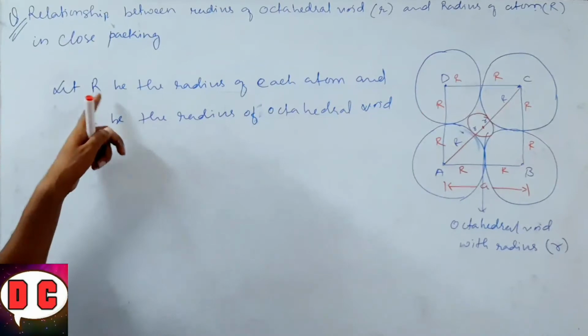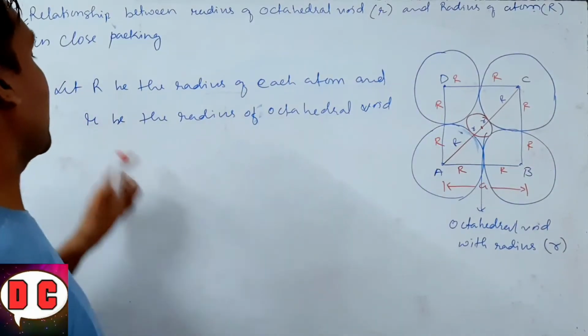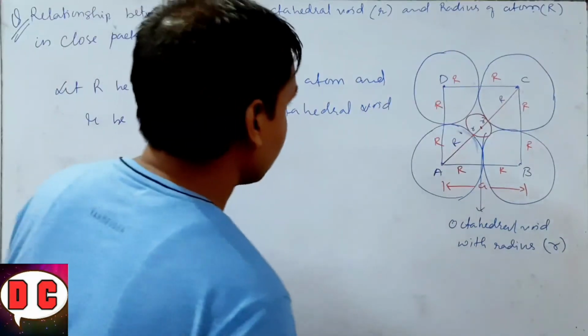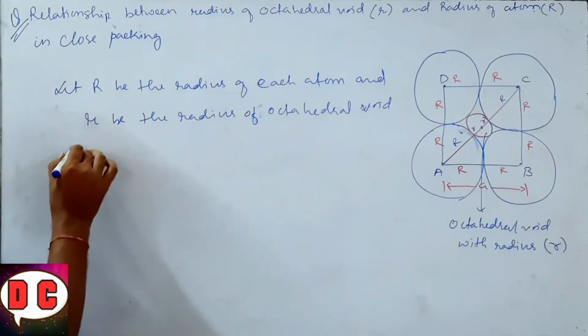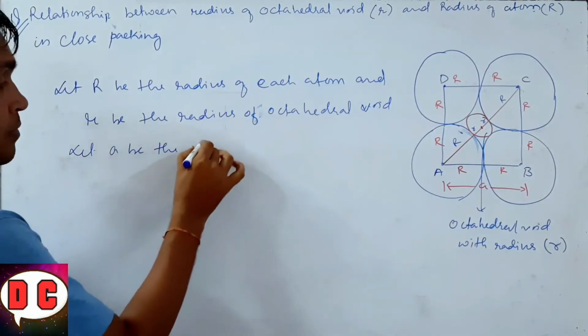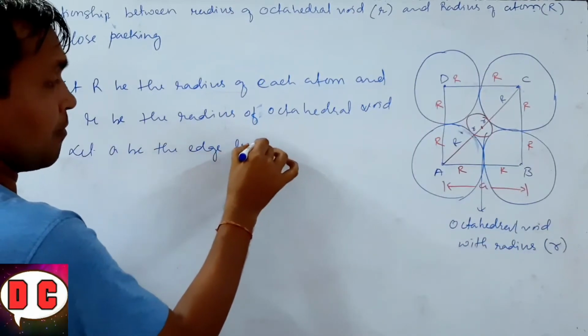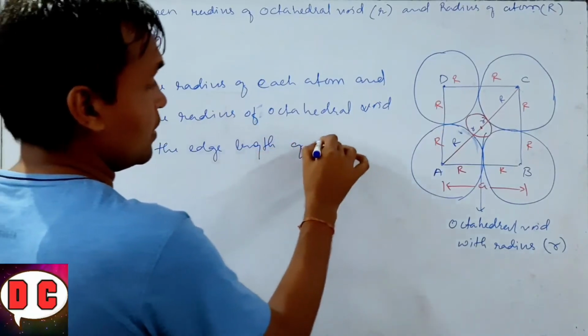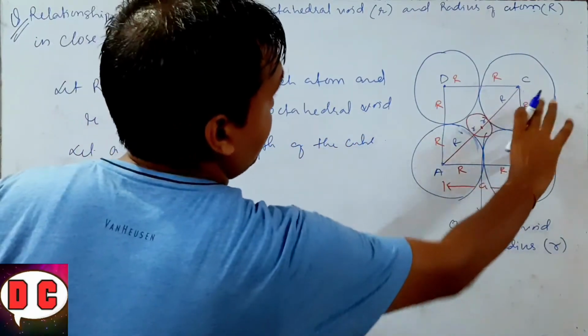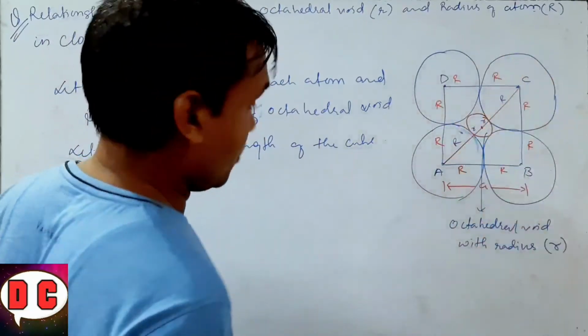Got it? Let R be the radius of each atom and small r be the radius of the octahedral void. Next, let a be the edge length of the cube. So all the sides will be equal, a.